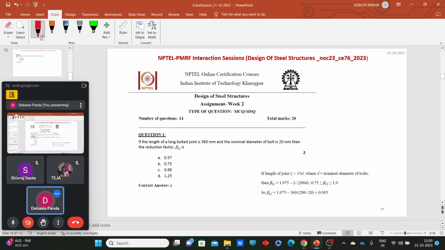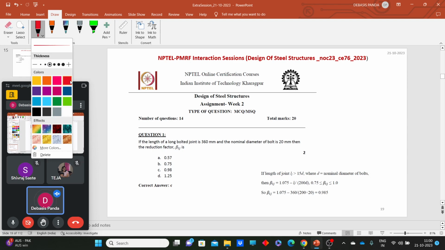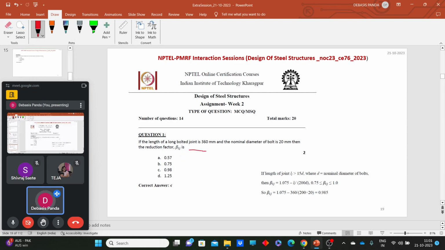For this question about the correction factor, if it is asked as what will be the reduction factor, and the value is given like this, you need to enter the answer. Here, the value comes as 0.985.